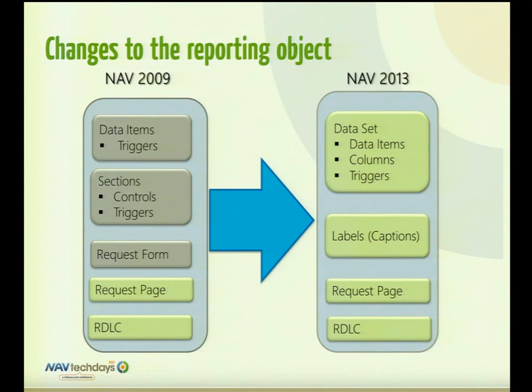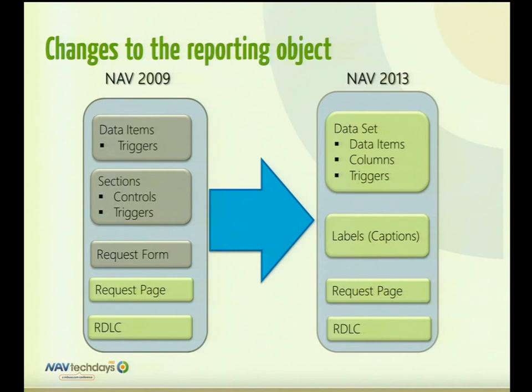In 2013, we took the three at the top out and made a dataset instead. The Dataset Designer is very similar to the Query Designer. They're not the same runtime because reports still have a lot of triggers, which queries do not have. So it was not a one-to-one transition into query that we could do here.